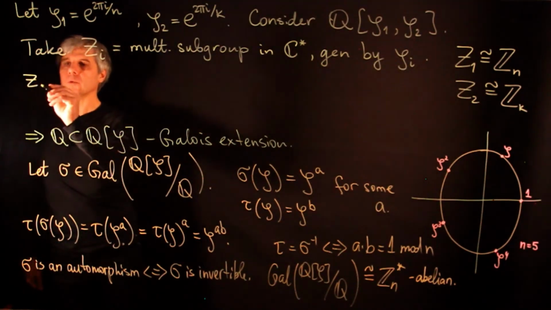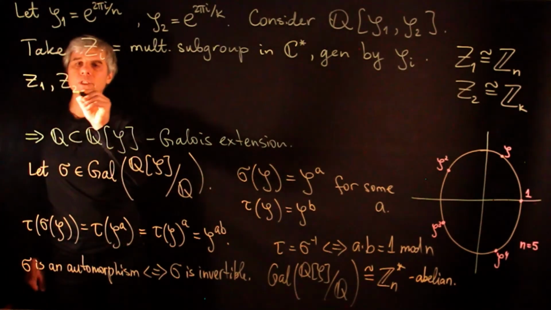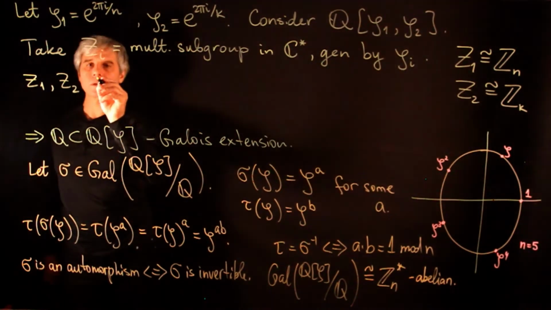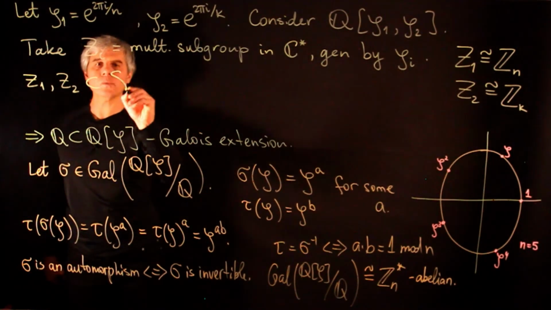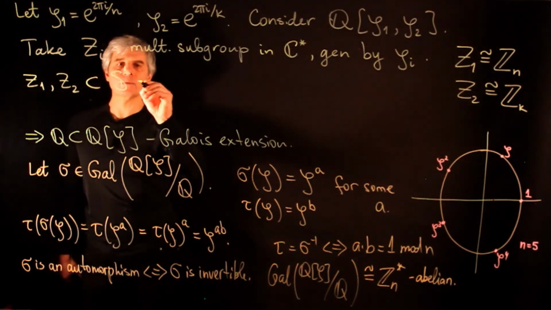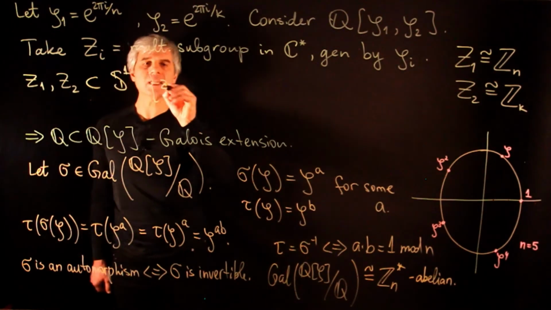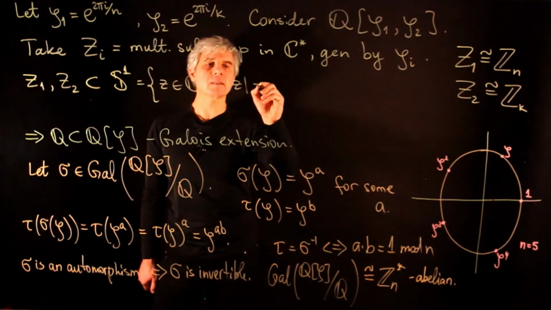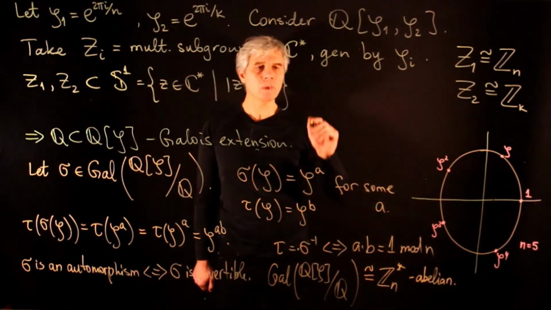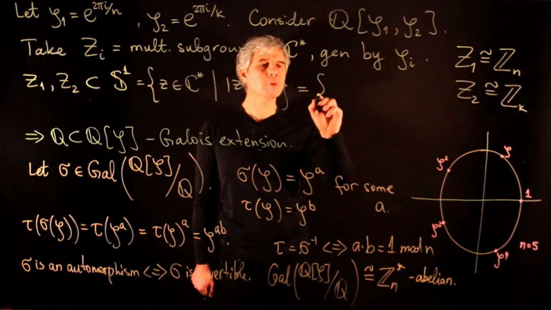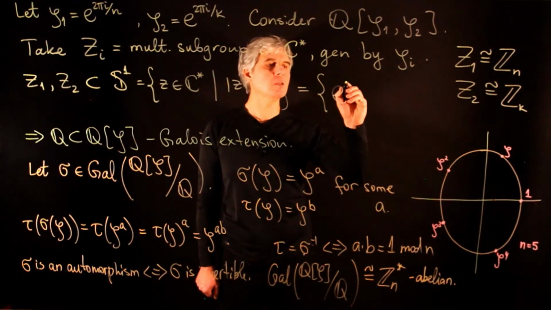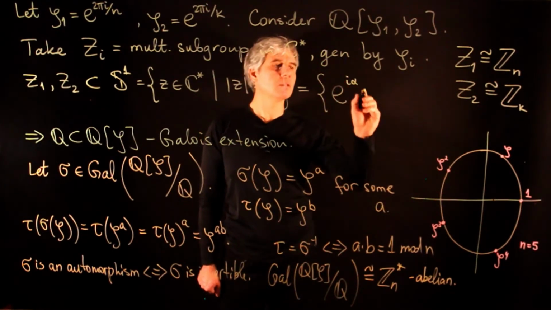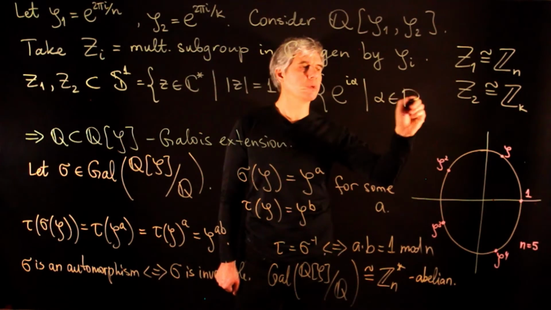Moreover, these two subgroups are subgroups in the unit circle. So these sit in S1, which is the set of complex numbers z such that the norm of z is equal to 1. Or this can also be described as the exponential e to the i alpha, where alpha belongs to the real numbers.